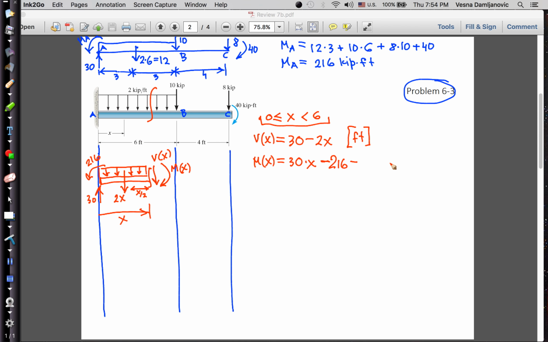So that's again minus 2x times x half. And is there anything else? No. So that means, I'm just going to keep writing like this. Let's group them in ascending order by the degree, or power. So 2 and 2 cancel, so we have minus x squared plus 30x minus 216. And that's in kip times foot.